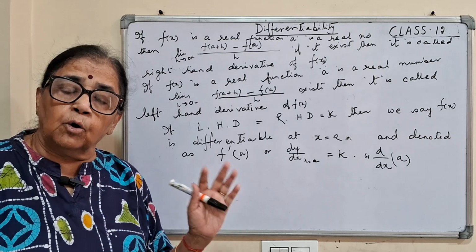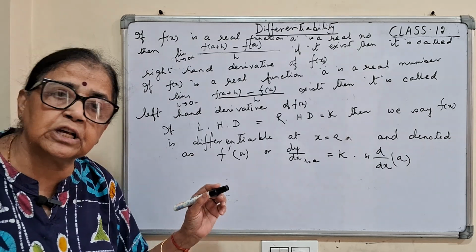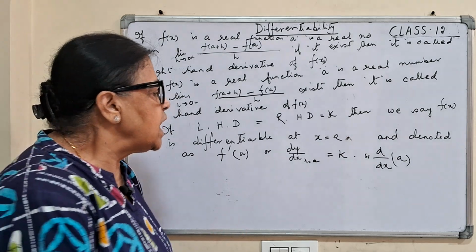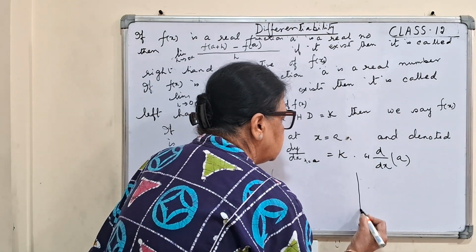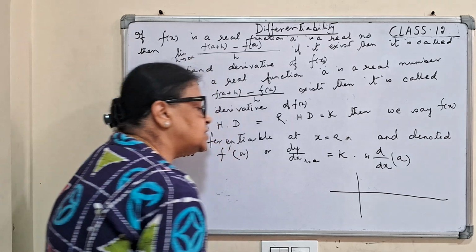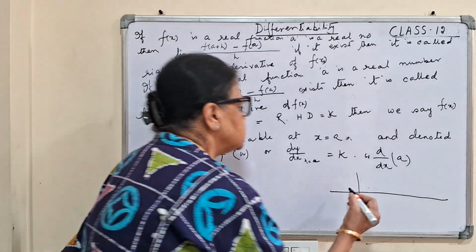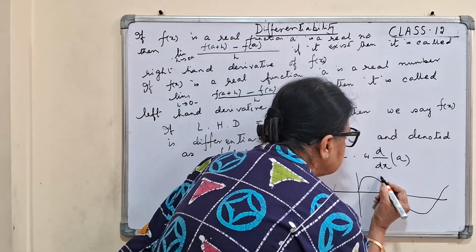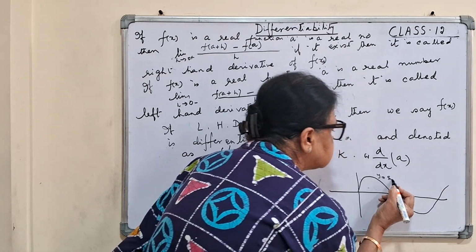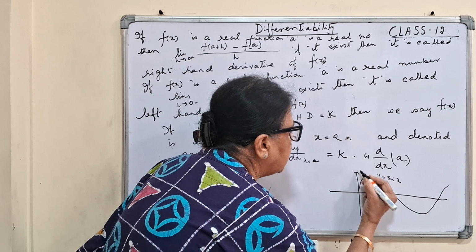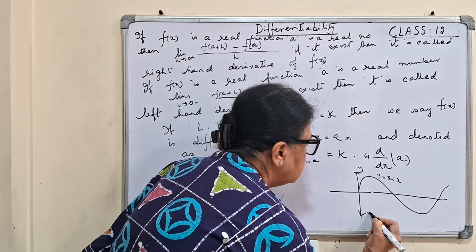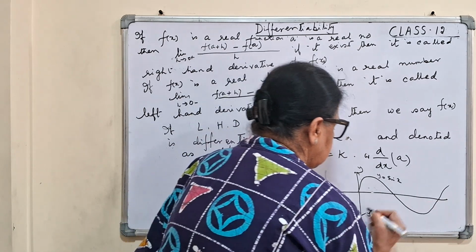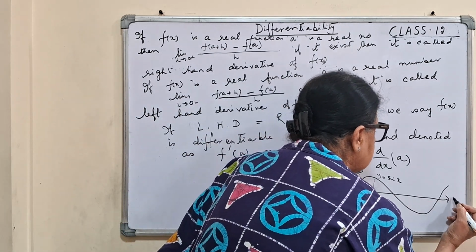Differentiability only occurs when the function is continuous. When the function is not continuous, it is not differentiable. Suppose the sine curve is a continuous function. This is y is equal to sin x, with x dash, y dash, and x axes.